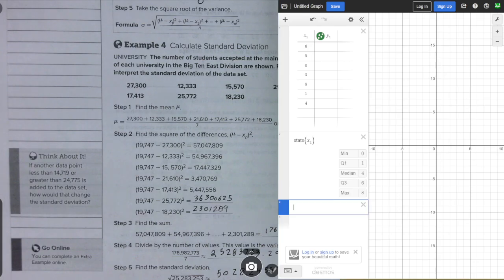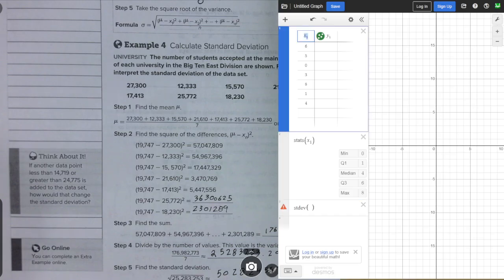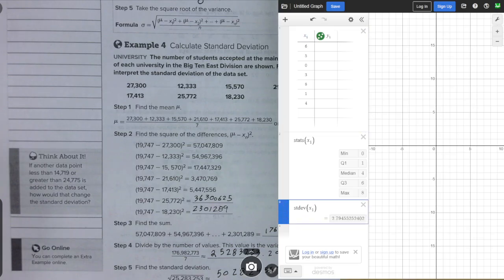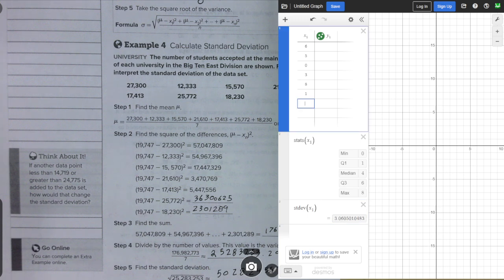It's STDEV. There we go. And then we're going to copy that X1 into that to get our answer. All right, so now let's get rid of this data.